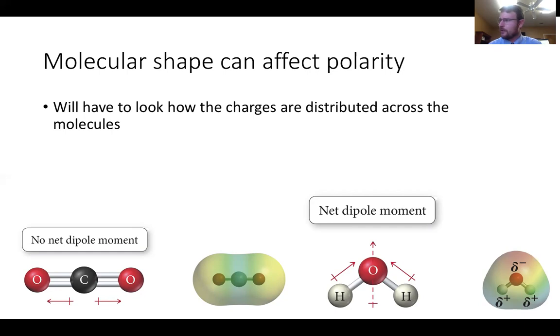I would look at that so that we can be aware of how vector addition works in 3 dimensions, and how we can see if something is polar. In the lab, this will be very important, calculating whether something is polar or nonpolar. Obviously, if it's linear, it's nonpolar. The 3-dimensional shape will determine if a more complicated molecule is polar or not.